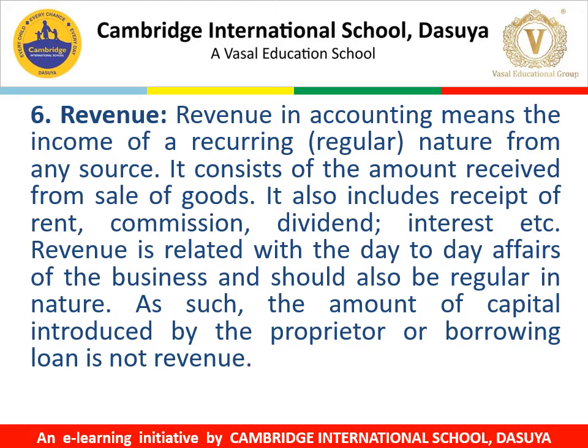It also includes receipt of rent, commission, dividend, interest, etc. Revenue is related with the day to day affairs of the business and should also be regular in nature. As such, the amount of capital introduced by the proprietor or borrowing is not a revenue.